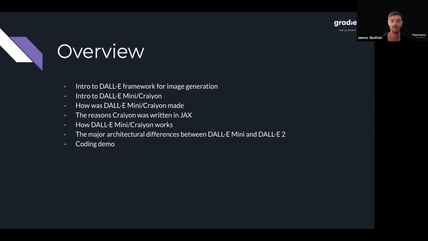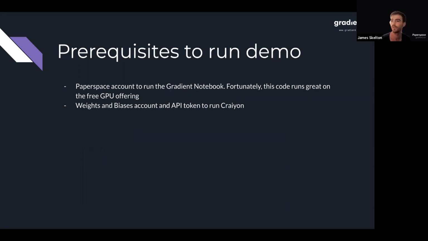We'll talk about how DALL-E Mini was made, and the reasons Crayon was written in JAX, the Python library it was written in. Then we'll break down how DALL-E Mini Crayon works and talk about some of the architectural differences between DALL-E Mini and DALL-E 2. There's a few other slides that didn't make it into the overview, like use cases and things like that. So without further ado, let's move to the next slide.